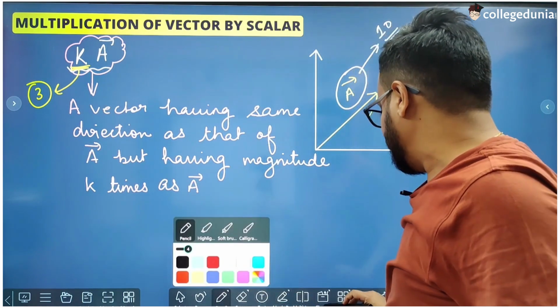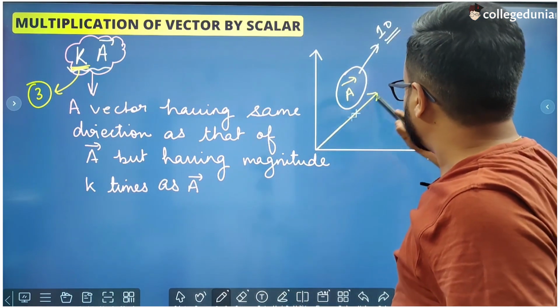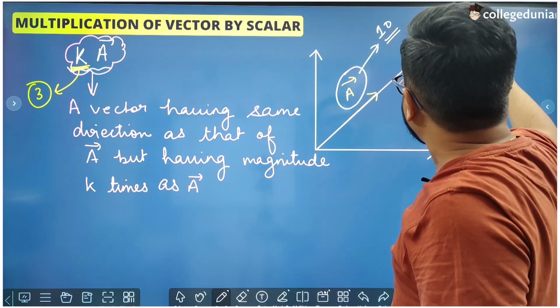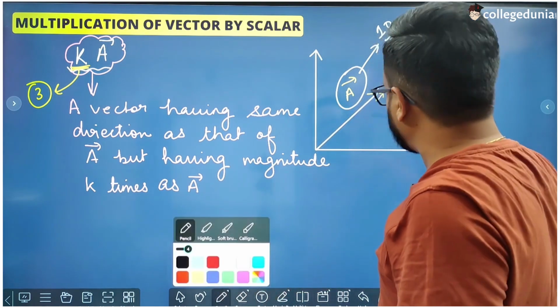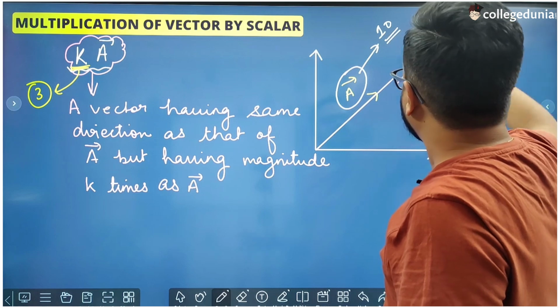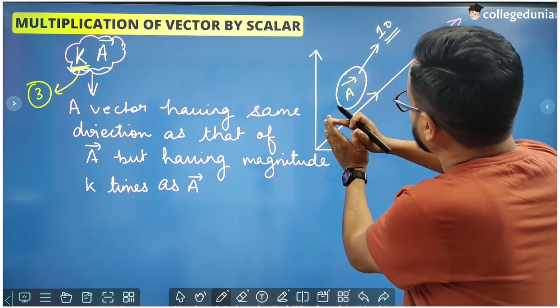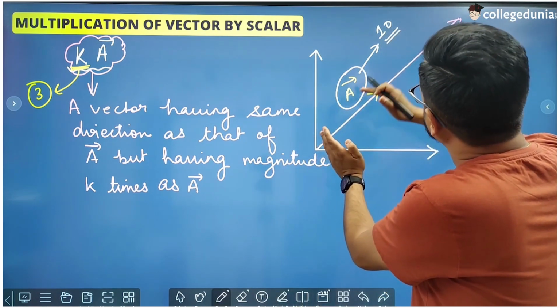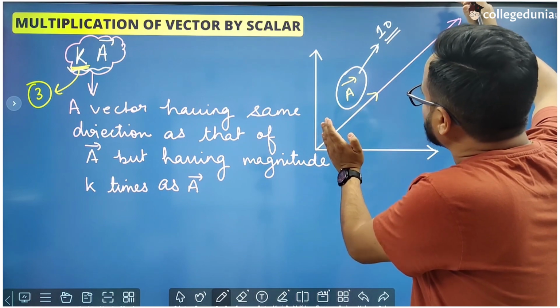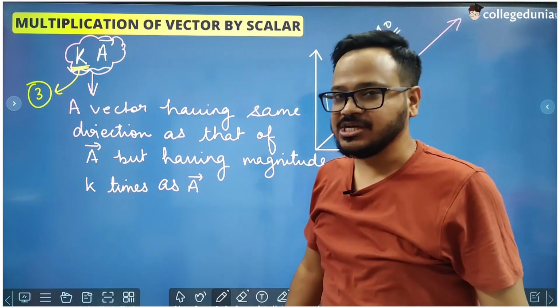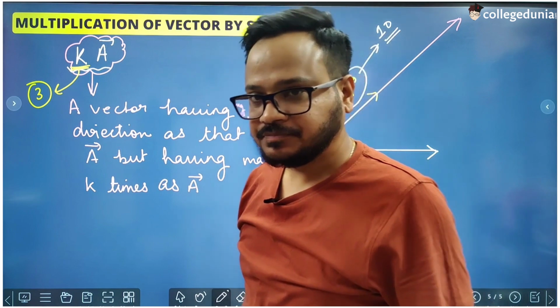So the vector kA will be a vector in this direction having a magnitude k times. In our example, this vector has magnitude 10 and then we multiplied it with 3, so this is the vector having magnitude 30, but the direction remains the same, right?